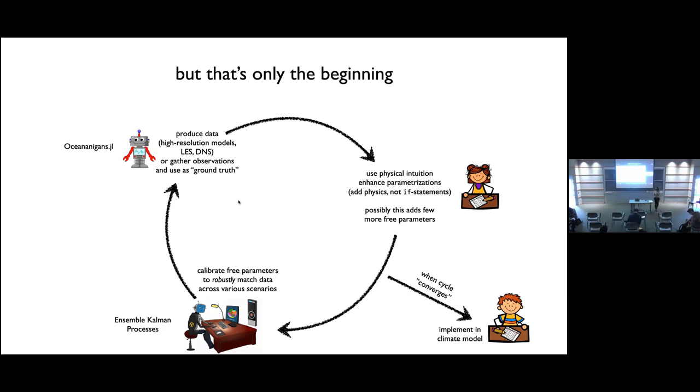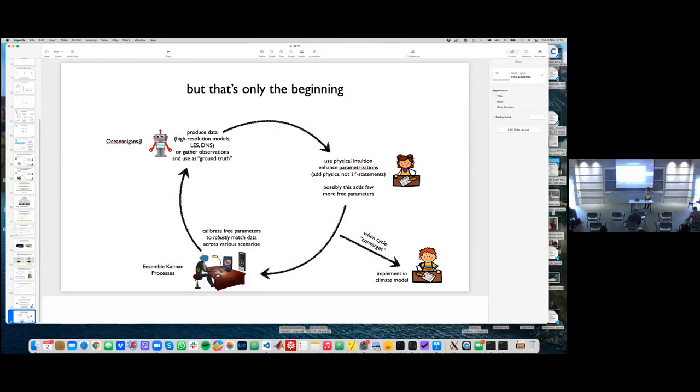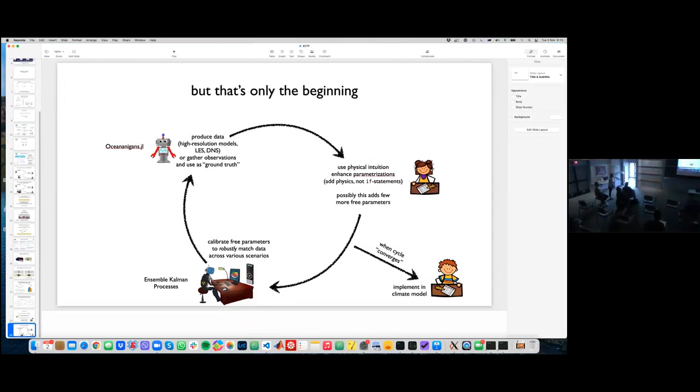Questions for Navid? Yeah, Katie? Yeah, Katie Dagan, thank you so much for your talk. I want to come back to this concept of the best parameters that you've mentioned a couple of times, and I'm wondering if you have thoughts on when that might not be possible. For example, I work a lot with terrestrial biophysical models, and I'm not convinced that there is one best set of parameter values that works, especially in a global model.